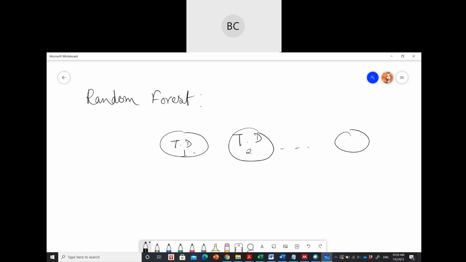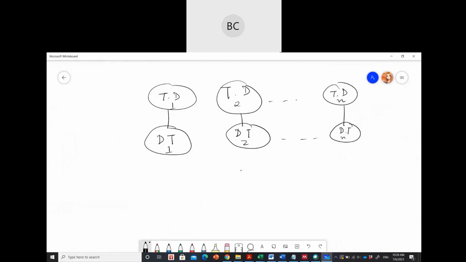For one training data you use one decision tree, for another you use another decision tree, and so on. Each one will give you one result. Suppose this one says class A, this one also says class A, maybe somewhere here will be class B, the last one is also class B, and so on.